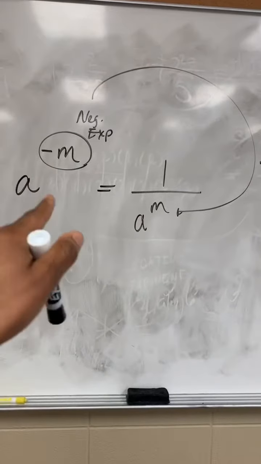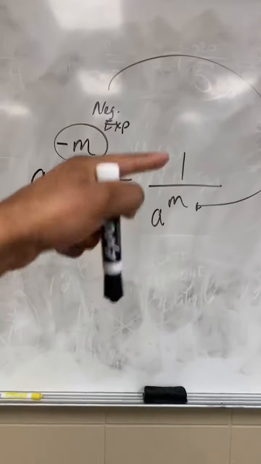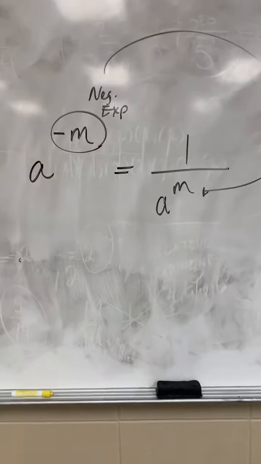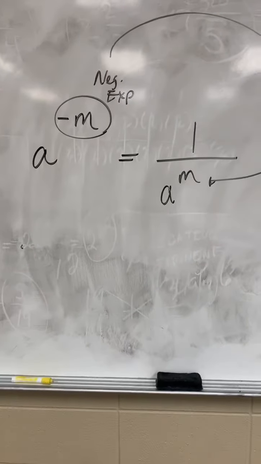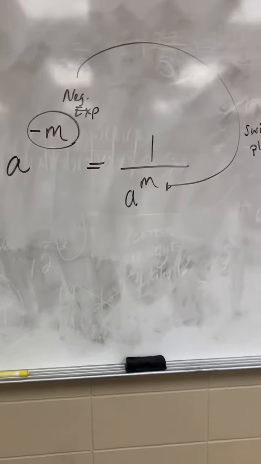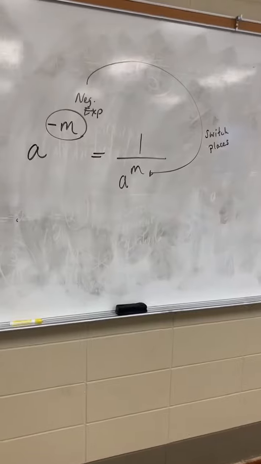It just depends on where it starts. You can get rid of the negative sign, but it has to switch places first. So you can move negative exponents from bottom to top or top to bottom, and whenever they change places, you can remove that negative sign. So that's basically all that's saying.